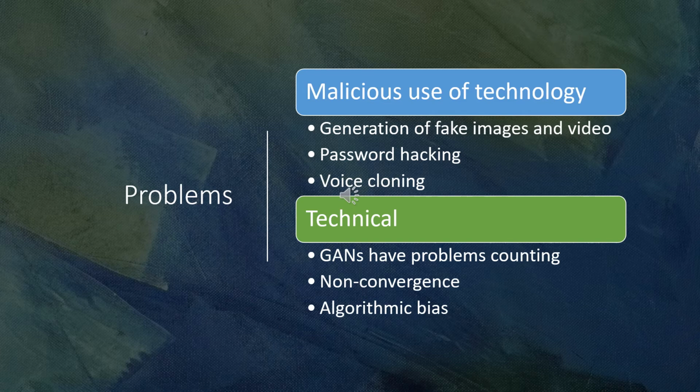There's also something called non-convergence, where GANs miss entire modes from the input data. And in general, AIs can suffer from something called algorithmic bias, which in the past has caused classification of images of African Americans as gorillas.